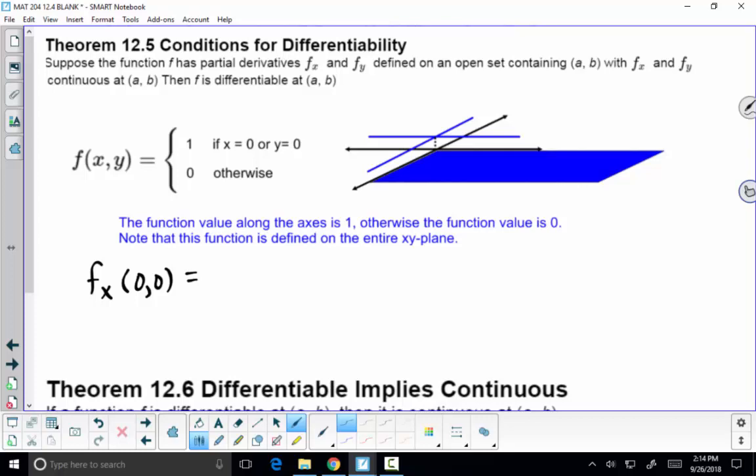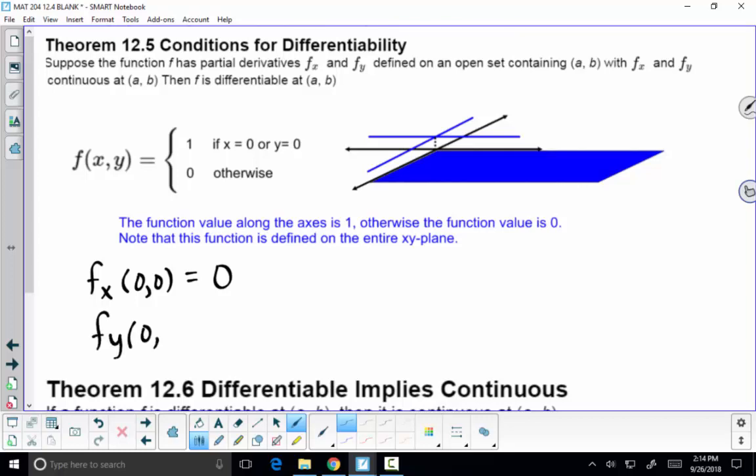You're on the surface, you're going in the direction of the x-axis, you're coming in along one of these floating lines. The z values are all 1, so the rate of change is 0. The z values are repeatedly 1, 1, 1, 1 as you're coming towards the origin. So f sub x, as you approach the origin along the x-axis, the z values aren't changing. They're all 1. So in that direction, 0.